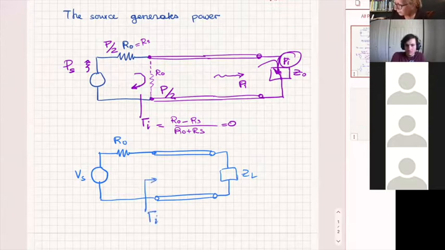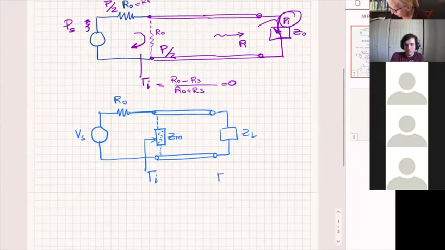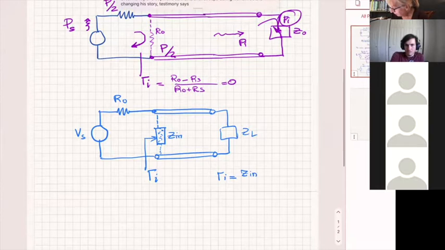So practically what that means, we have an equivalent impedance here, and it could be in fact even reactive, all right? So we have an equivalent impedance here. I call it Z sub I, input, or Z input, which is not Z naught, and therefore gamma sub I will be Z in, the equivalent impedance into the line, minus Z naught over Z in plus Z naught. Okay?